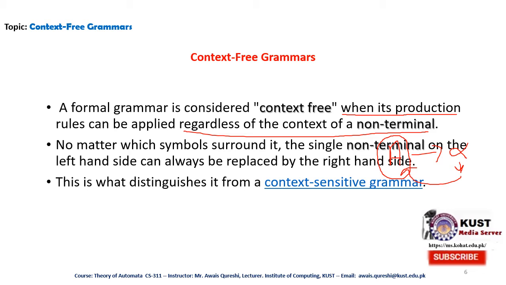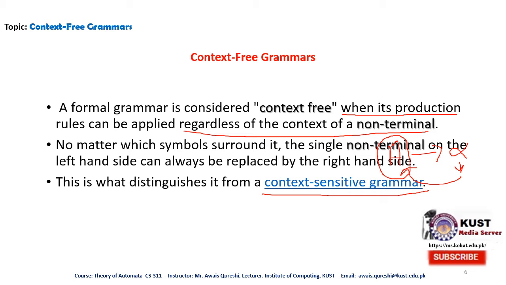This is what distinguishes it from context sensitive grammars. Like context free grammars, there is another concept called context sensitive grammars, in which this rule is not applicable. This is the main difference between a context sensitive grammar and a context free grammar.